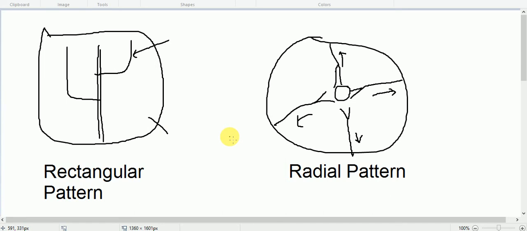Okay, for example, river Narmada, Tapti, these rivers are forming trellis and rectangular pattern. And most of the rivers in the world in general, they have the pattern of dendritic. Okay, most of the rivers of the world have dendritic, that is tree-like drainage pattern.